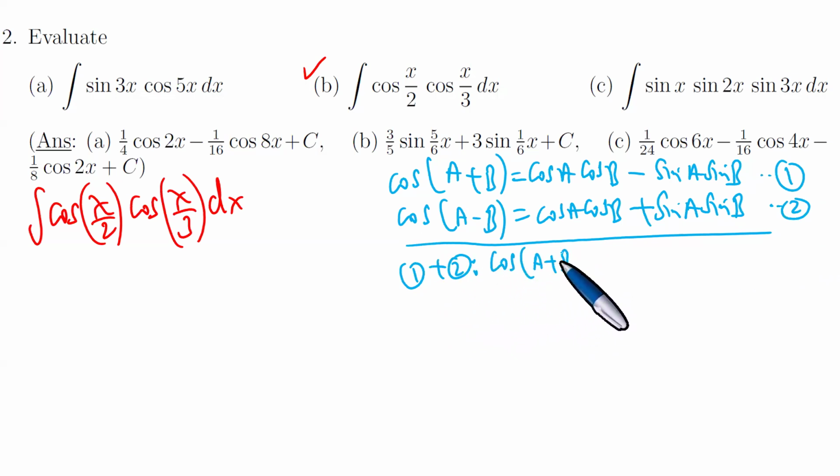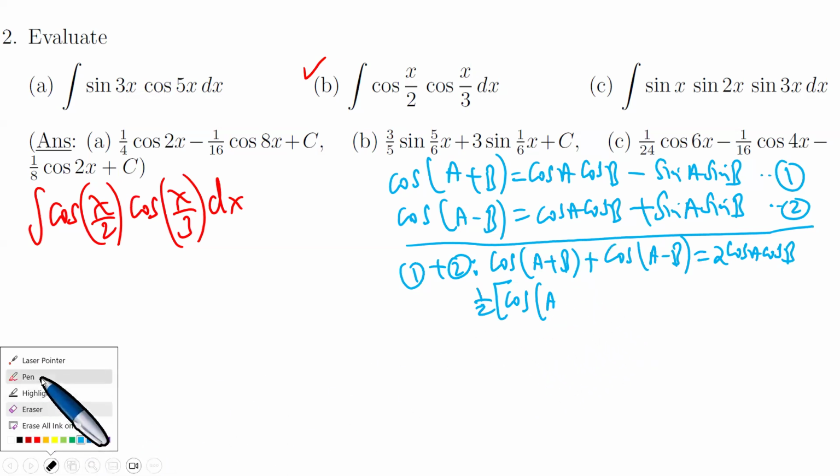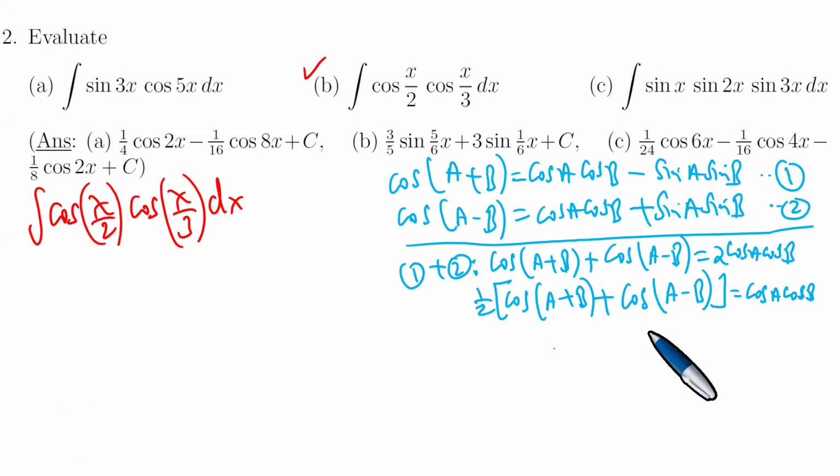So it is the cosine of A plus B plus the cosine of A minus B, which is 2 cosine A cosine B. Divided by 2, and then you get cosine A cosine B.